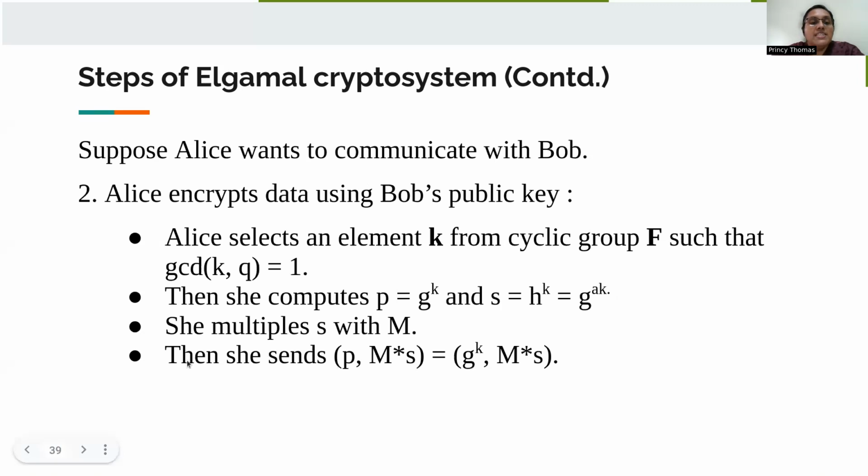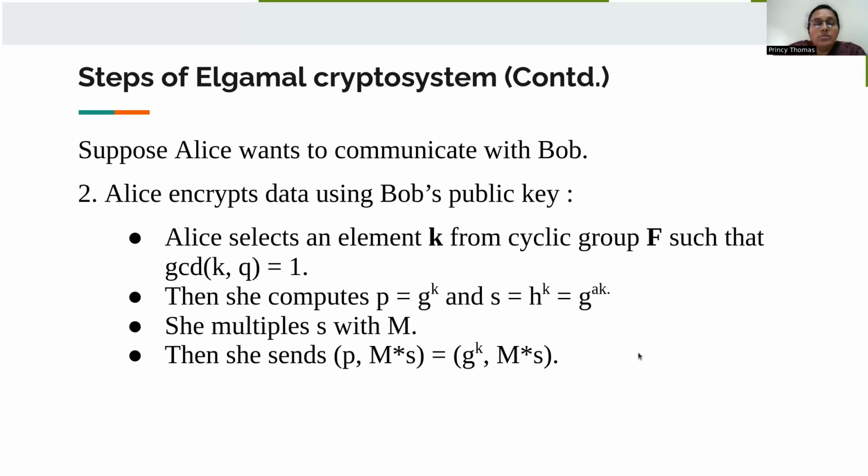Then she sends P, which is G raised to K, and M into S, which is the cipher of the message, to Bob. So Bob gets G raised to K and M into S, where S is equal to G raised to AK.